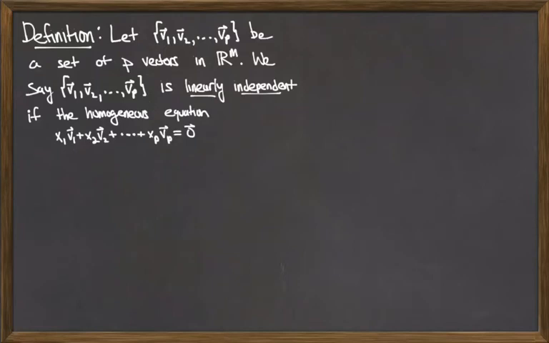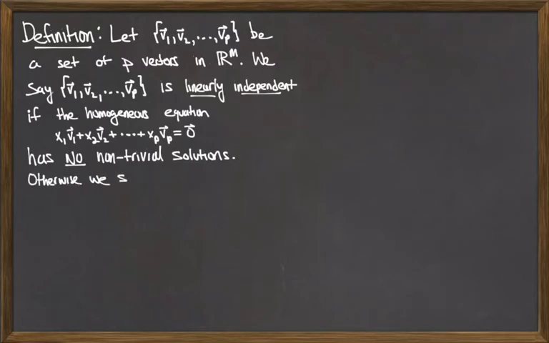So the condition that needs to be satisfied here is that this equation has no non-trivial solutions. There is no interesting way of linearly combining these vectors to get 0. You can only put 0 in front of all those weights to get 0. That would be a situation where the vectors are linearly independent.